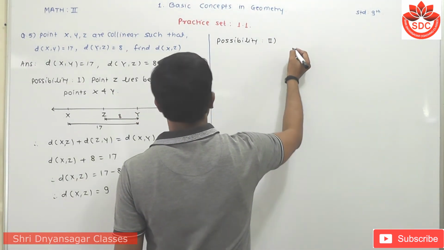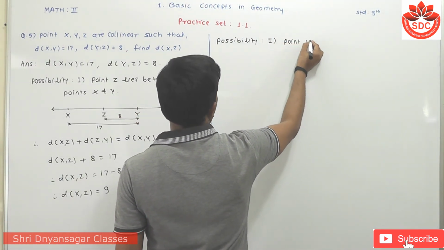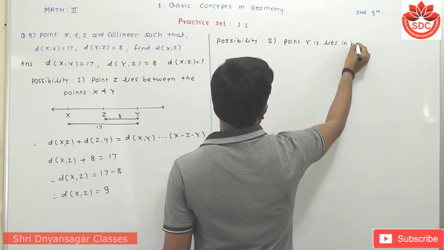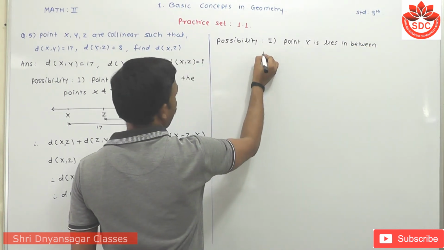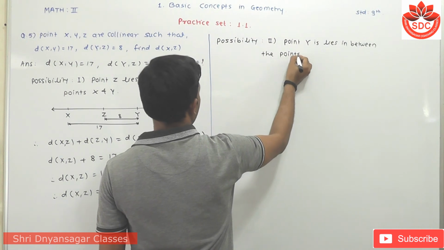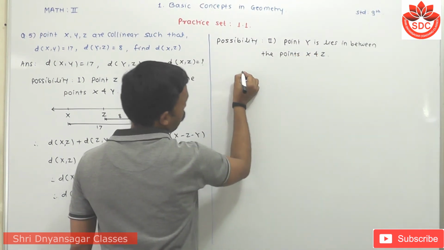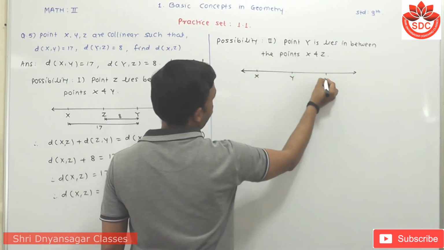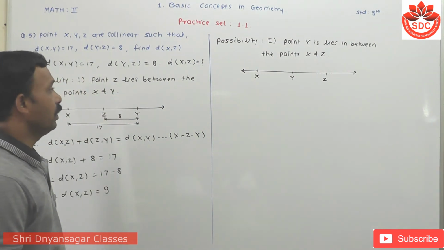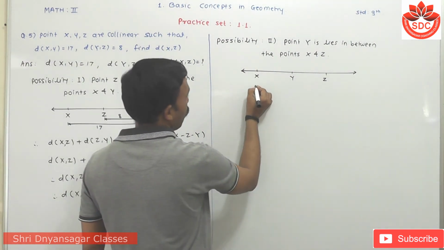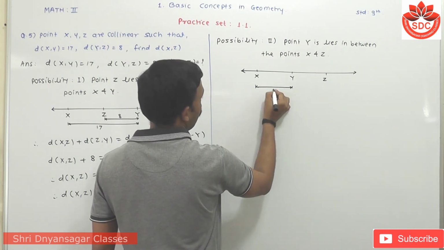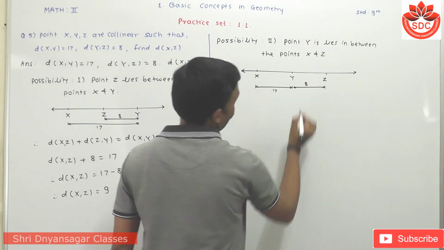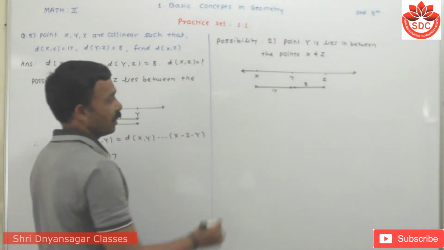So suppose Y lies in between the points X and Z, so the figure is: here is X, here is Y and here is Z. Then, student, XY is 17 and YZ is 8. Then we have to find the distance of XZ.